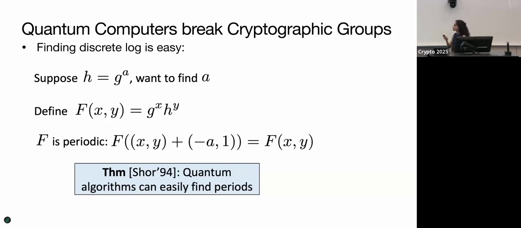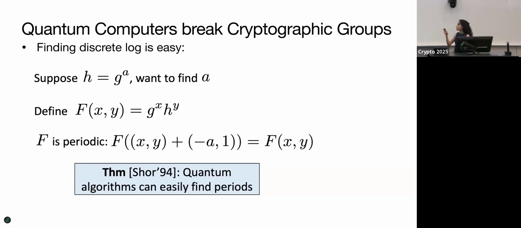Suppose h equals g^a and we want to find a. This is exactly the problem we want to solve in discrete log. So we can define a function f, which takes as input x and y and outputs g^x h^y. It's easy to see with some simple algebra that f is periodic: f(x, y) plus (-a, 1) will give you back f(x, y).